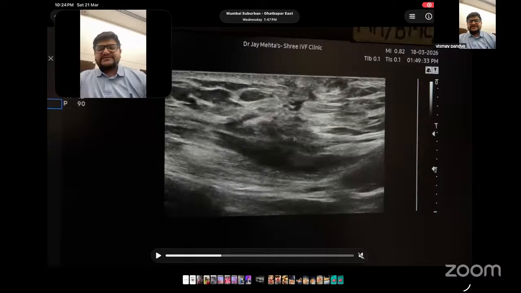The margins, as you can see, are very irregular or spiculated, and they are present in all layers. It can involve the skin, the fat, the sheath, as you can see, and here the muscle is also involved.